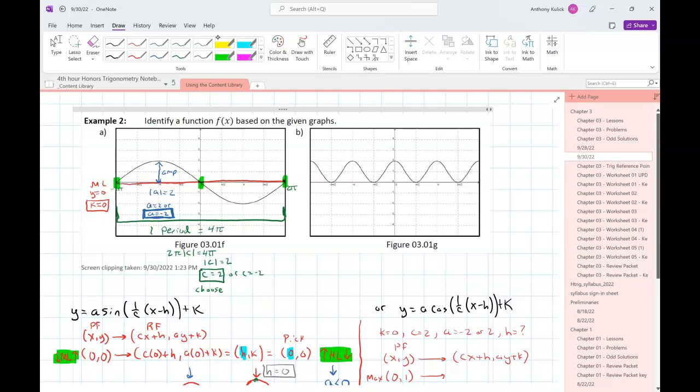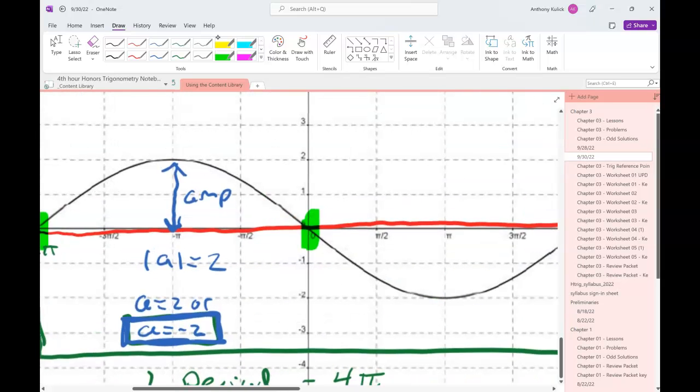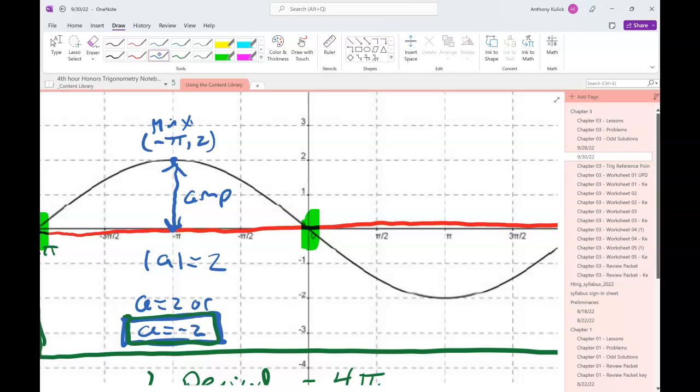Everybody's okay with that? So let's say I just chose this point here, which is a max, (negative pi, 2). Everybody's cool with that?